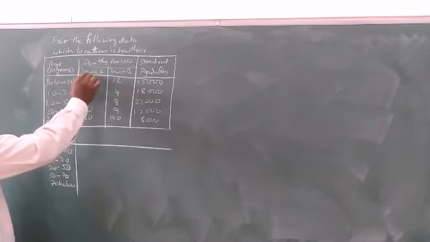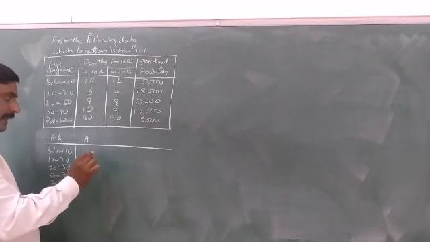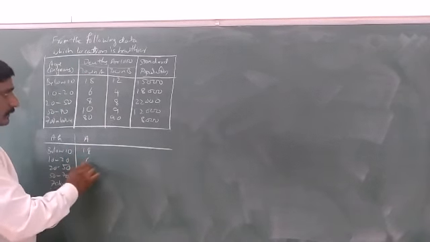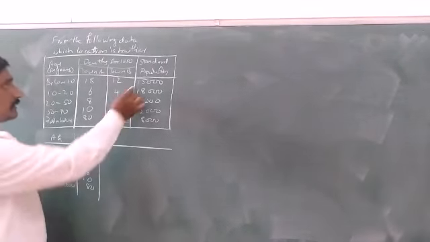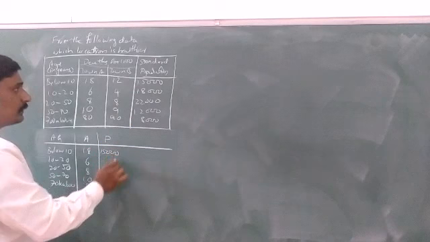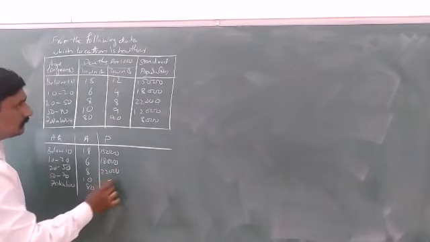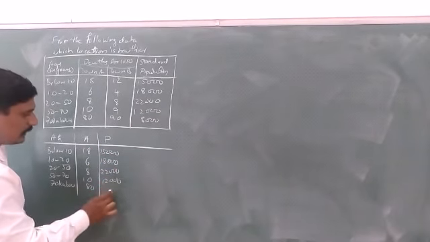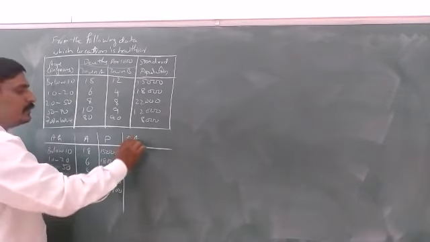Town A's ASDR, we can write it as A: 18, 6, 8, 10 and 80. And the standard population as P: 15,000, 18,000, 22,000, 12,000 and 8,000. Now calculate P into A.